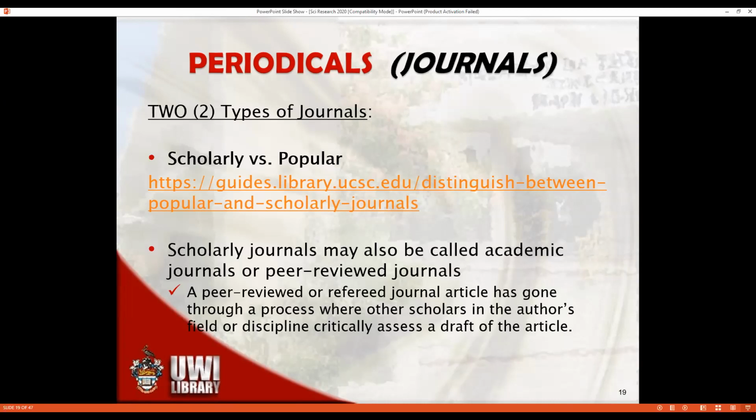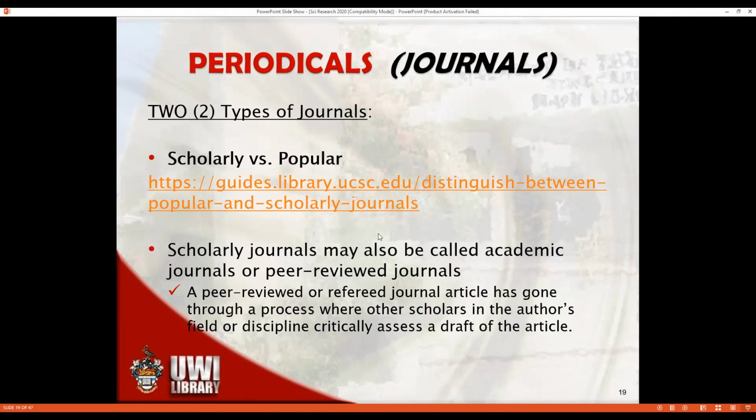Now, at this level, you are expected to use scholarly journals. So we don't really want you to be using books and web resources. We want you to be using technical reports, conference proceedings, scholarly journal articles, because they would have gone through a robust process of review and they often contain research findings.